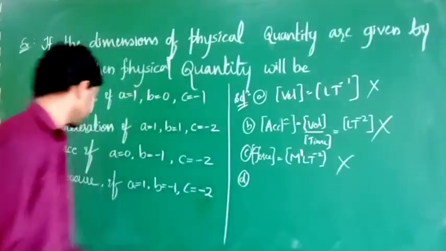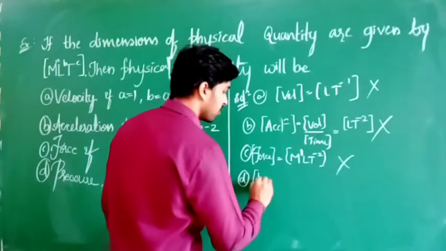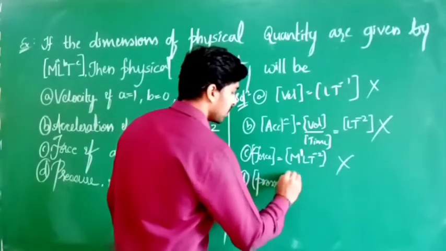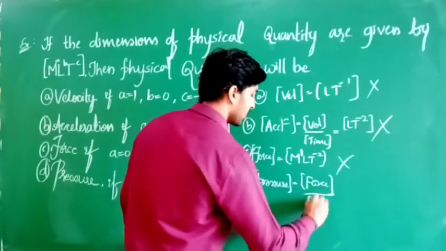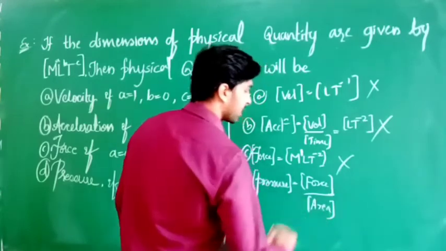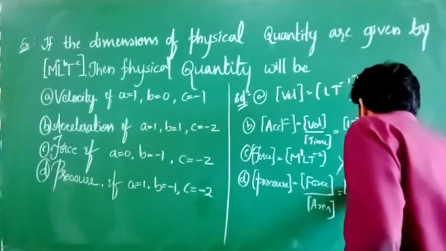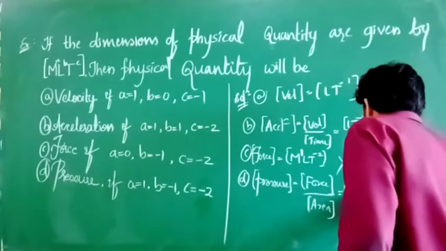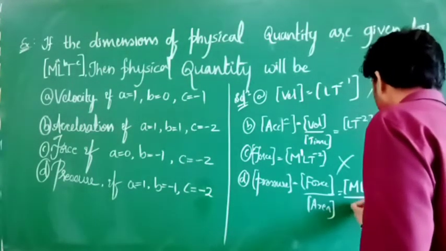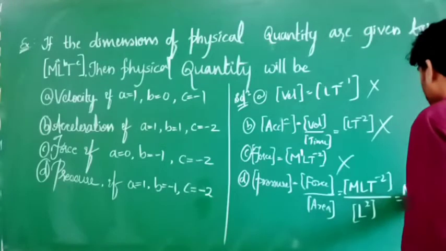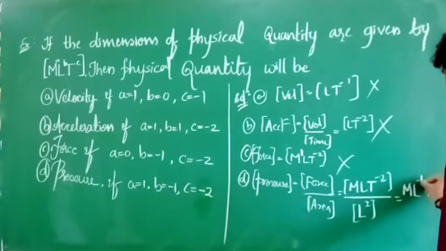For D, what they have given? Pressure. Correct? Now, the dimensional formula for pressure is nothing but force per unit area. That means the dimensional formula for force divided by area. For force we have m L t power minus 2. I will write here M L t power minus 2 whole divided by area, meaning length into breadth, L square. So finally I get M L power minus 1, because 1 minus 2 becomes minus 1, t power minus 2.